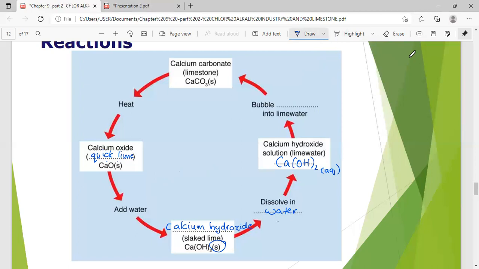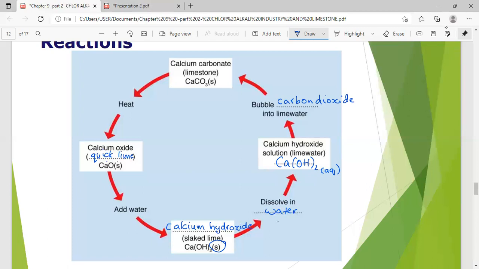The cloudiness is because of the formation of a white precipitate. Now we know that this white precipitate is calcium carbonate. So what do I write here now? Carbon dioxide. So this again you get back the limestone. So this is a cycle.